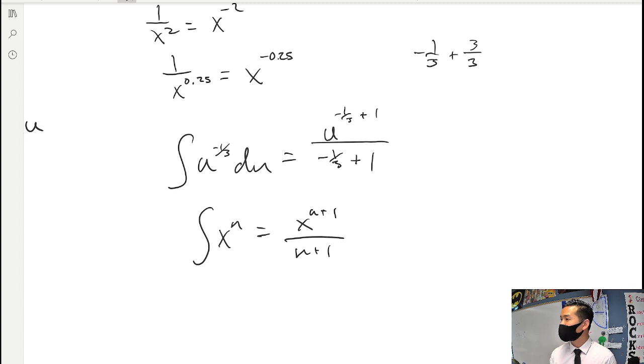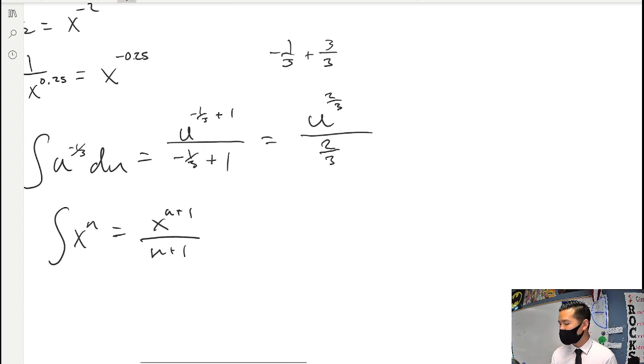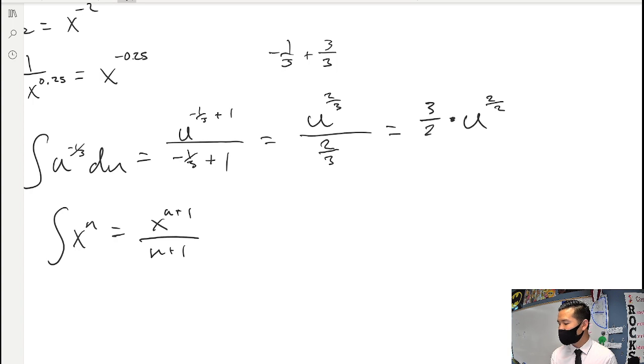Common denominator. What's negative 1 plus 3? 2. Over 3. In the bottom, you have the same thing. Negative 1/3 plus 1, still 2 over 3. What happens with a fraction over a fraction? It flips. Keep the top, flip the bottom, multiply it to there.